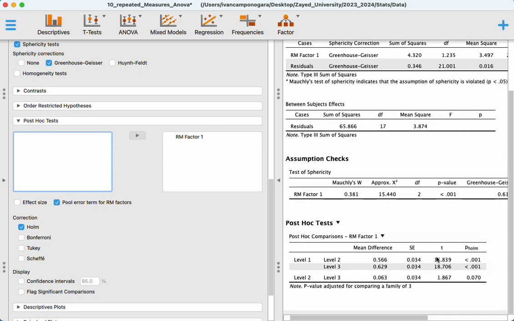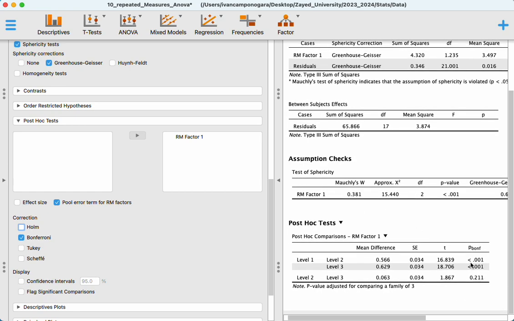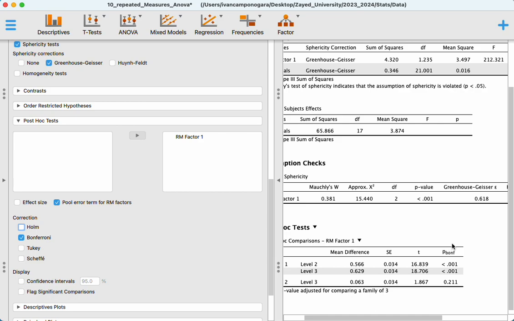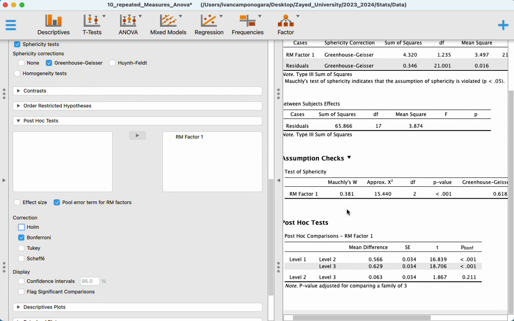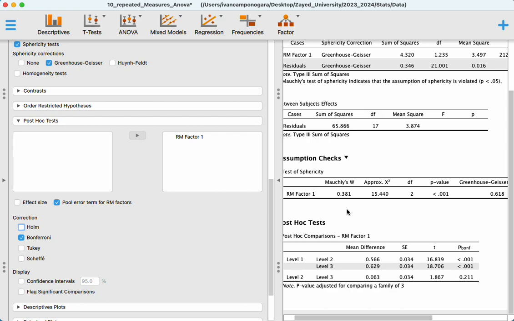There. And the correction that I do is the Bonferroni correction. So here I have already the p-value Bonferroni corrected, but also corrected by the sphericity, okay? And in this case, I applied the Greenhouse-Geisser sphericity.